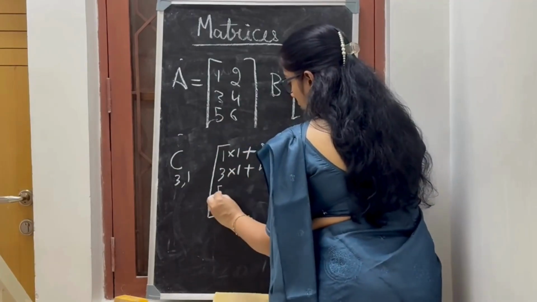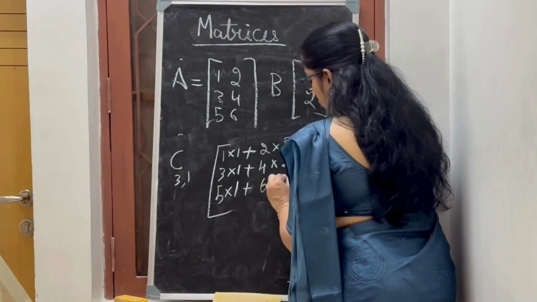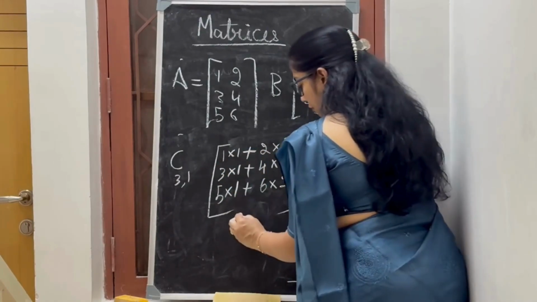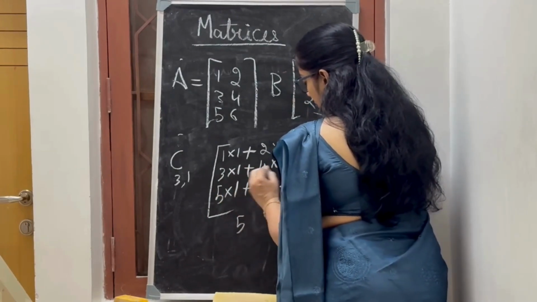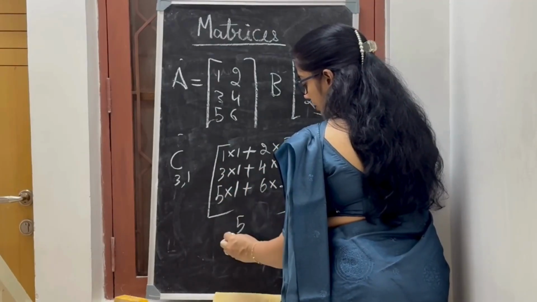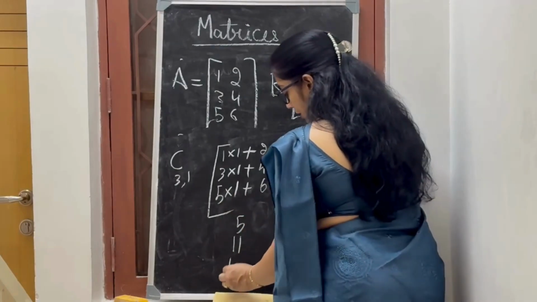Then 5 into 1 plus 6 into 2. So 1 plus 4, 5. 3 plus 8, I'm sorry, 4 2s are 8, 8 plus 3, 11. 5 plus 12, 17.